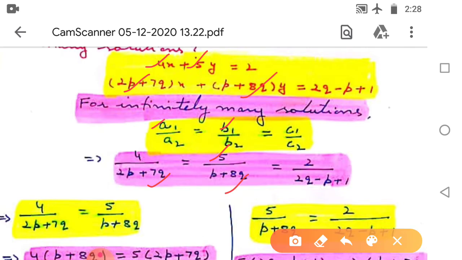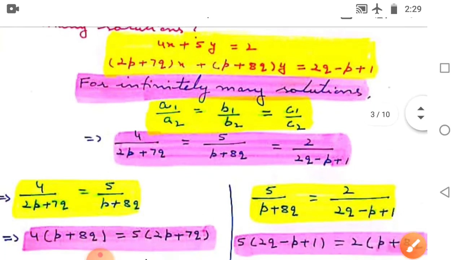Then c1 is 2, and c2 is 2q minus p plus 1. So 4 upon 2p plus 7q is equal to 5 upon p plus 8q is equal to 2 upon 2q minus p plus 1, right?